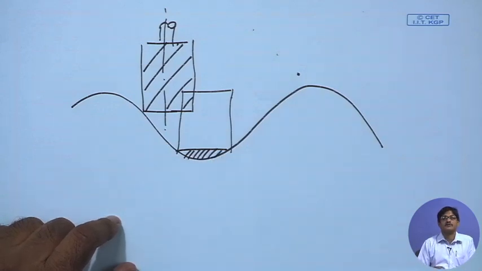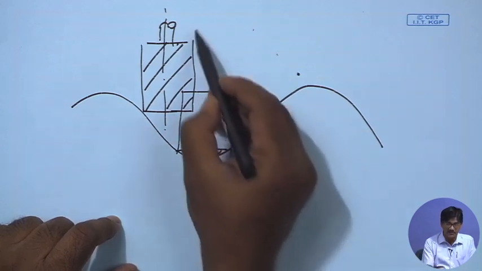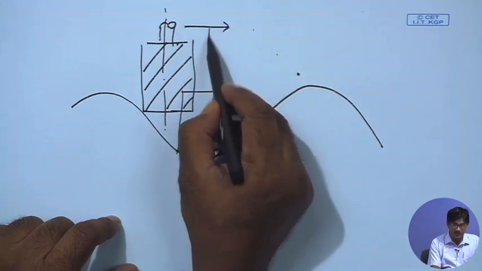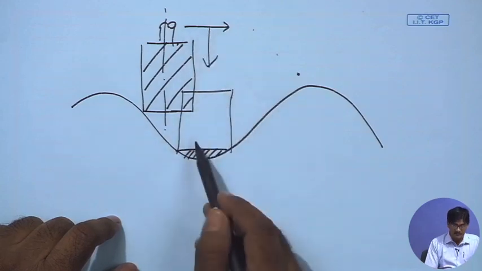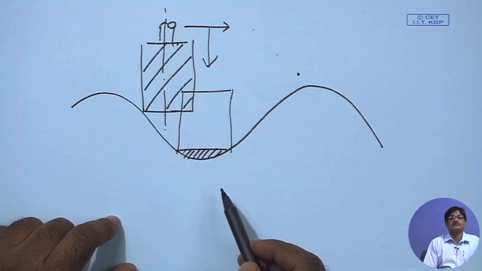This material is not removed by this cutter, because it is a 3-axis machine. It can only move this way, it can move that way, and it can move in and out of the paper. So, it has no way of removing this material.